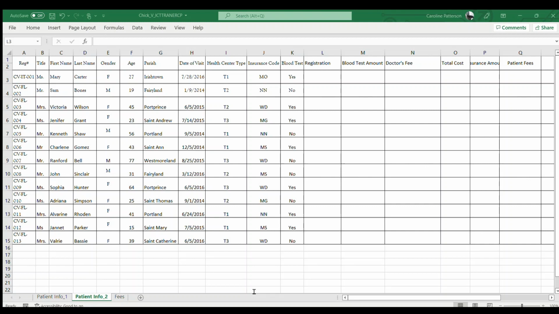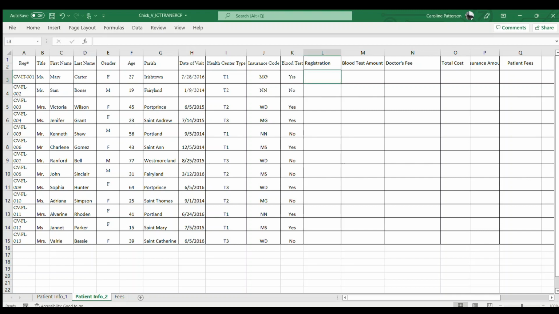The registration amount charged for each visit of the hospital. So each visit, as we saw in the upper part of the SBA, is charged a flat rate of $950 for each blood test. So if the patient did not take a blood test, then obviously they will not be paying this fee.